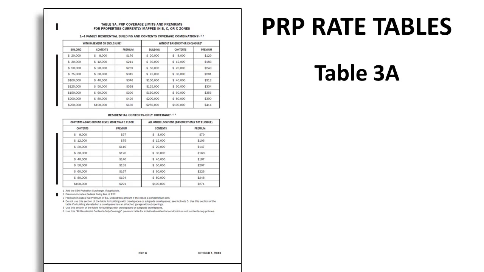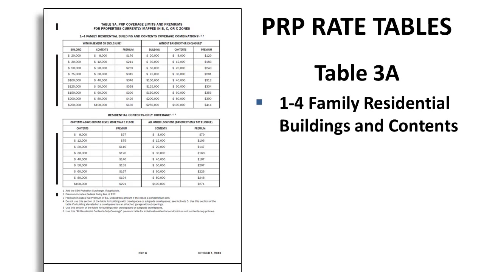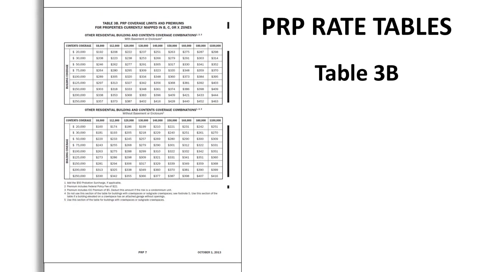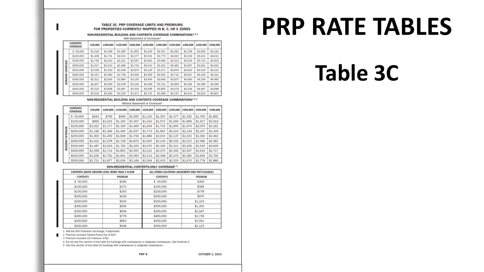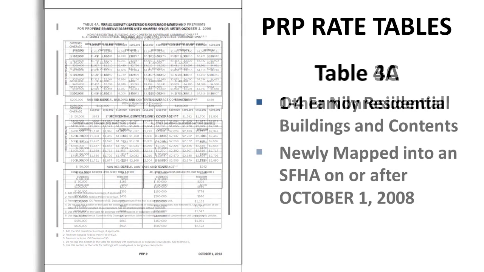Here we see Table 3A is used for 1 to 4 family residential buildings and contents coverage for those properties that are currently mapped in B, C, or X zones. Table 3B is for other residential building and contents. And Table 3C is for non-residential building and contents.